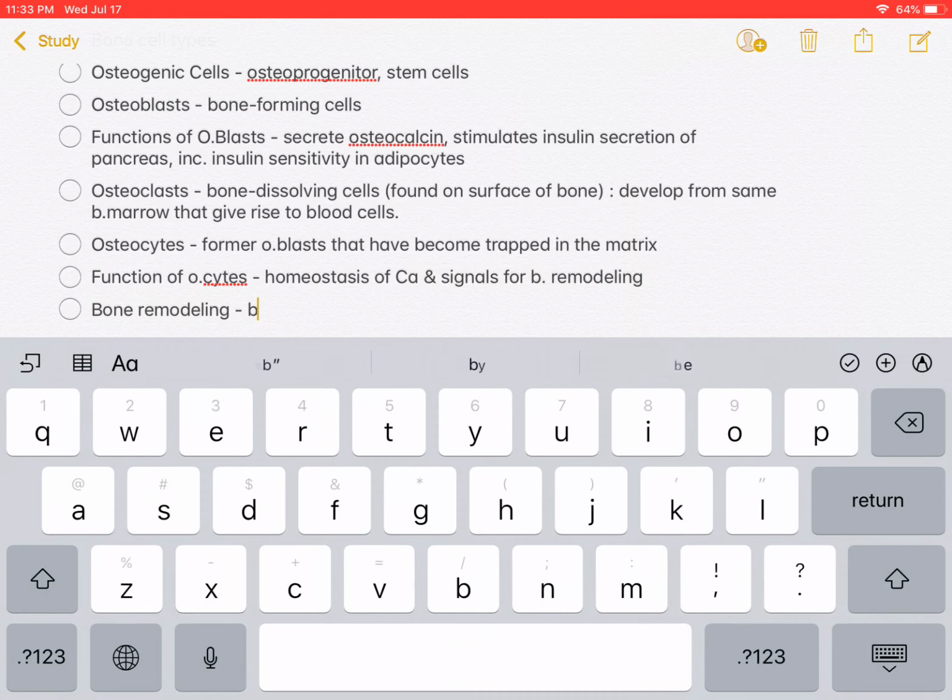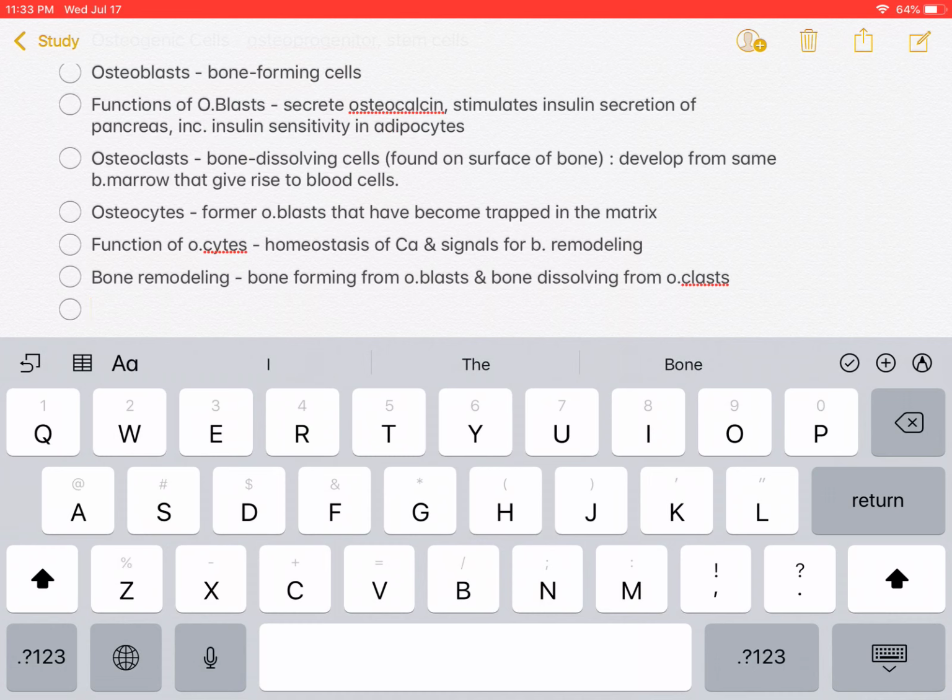So it's bone forming from osteoblasts and bone dissolving from the osteoclasts. So we have that.